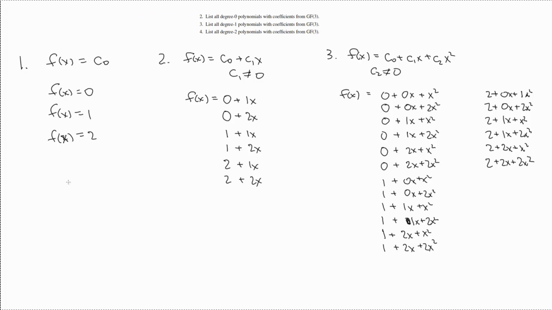So in total, we have 3 degree 0 polynomials, 6 degree 1 polynomials, and we have 3 times 6, which is 18 degree 2 polynomials.